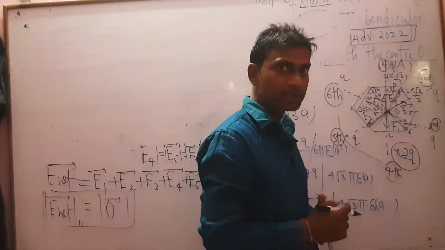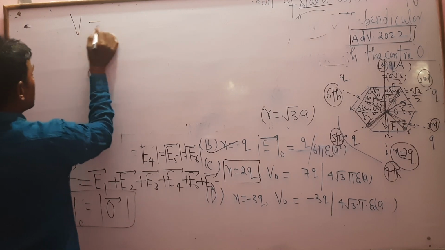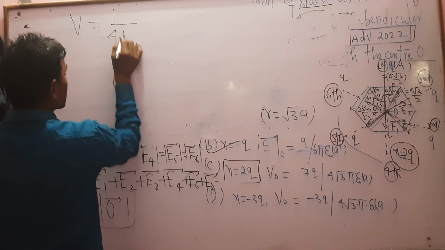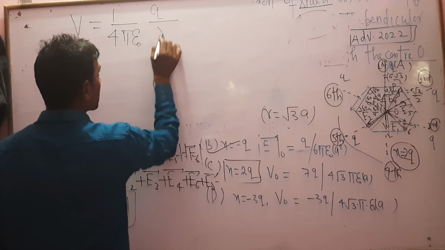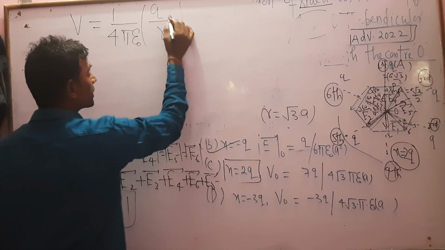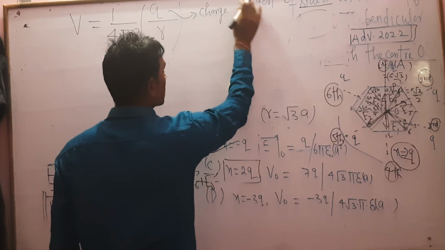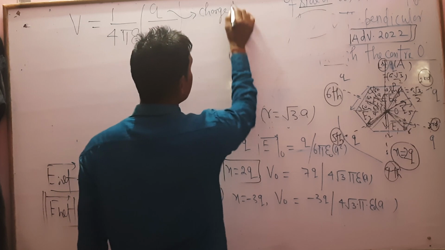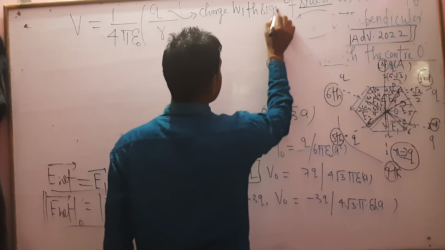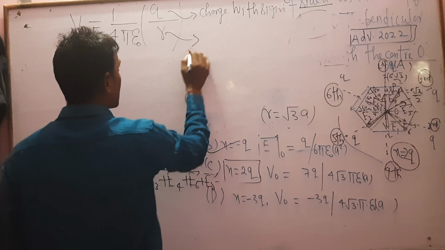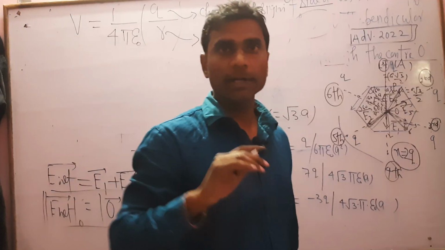We know the potential formula: V equals 1 upon 4 pi epsilon naught q by r. Here q is the charge with sign, and r is the distance between the charge and that point.